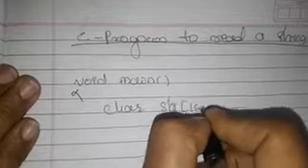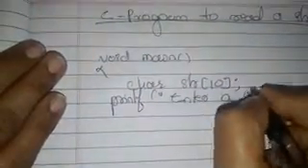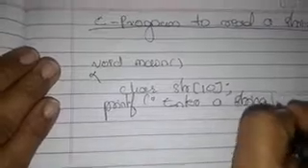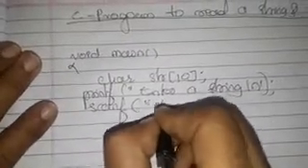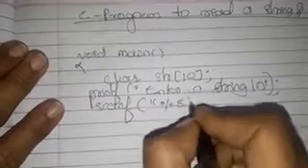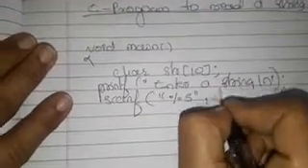Next I need to have a string. I'll take str with any size you like, and you should ask the user to enter a string. How can we do that? By using the input function scanf. The format specifier is %s with str.